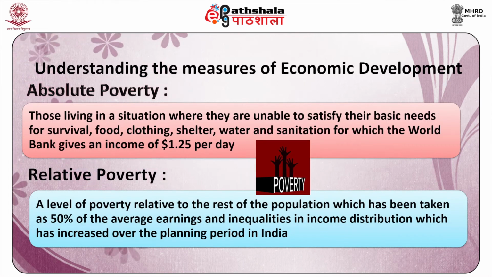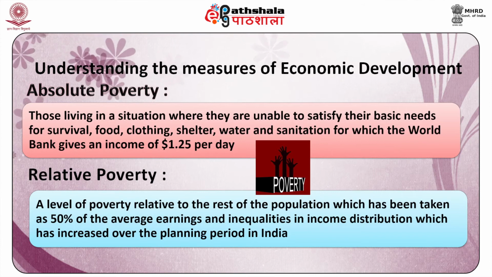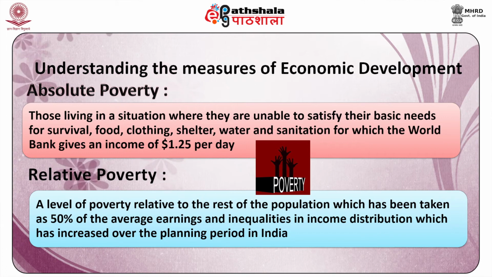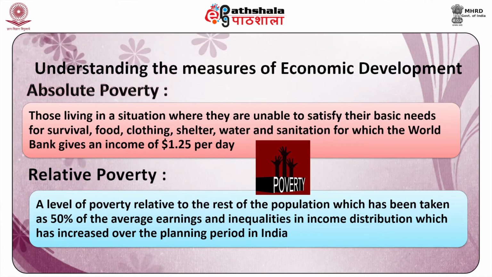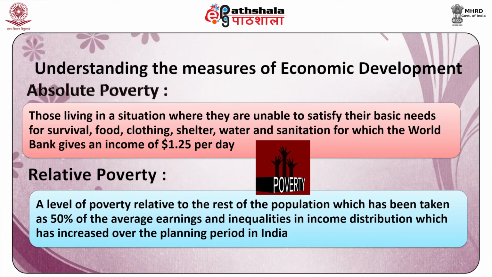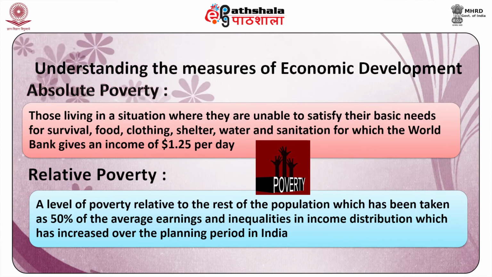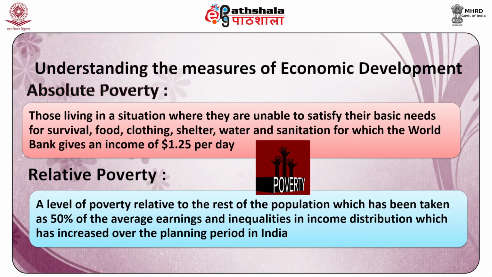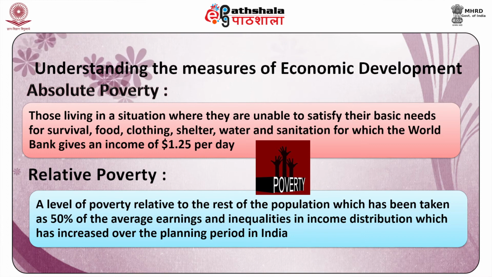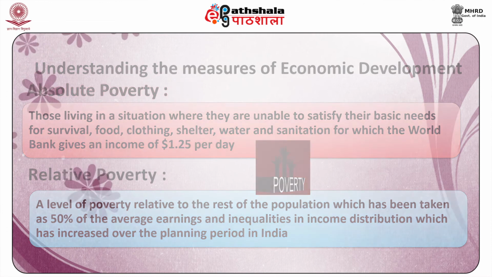Those living in a situation where they are unable to satisfy their basic needs for survival, food, clothing, shelter, water and sanitation, for which the World Bank gives an income of $1.25 per day, and that of relative poverty, a level of poverty relative to the rest of the population which has been taken as 50% of the average earnings, and inequalities in income distribution, which has increased over the planning period in India.